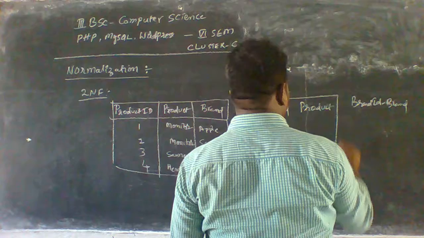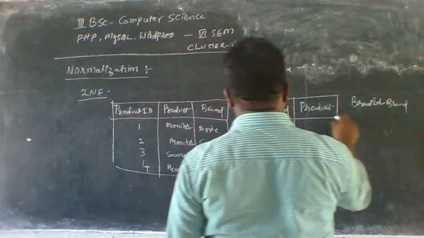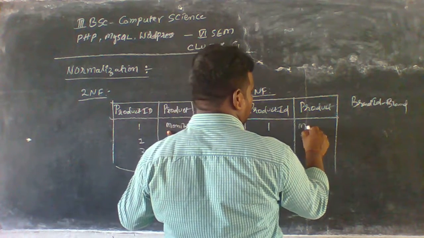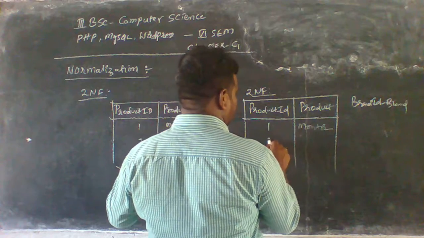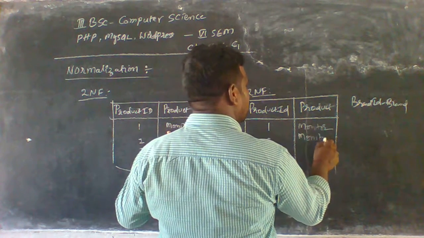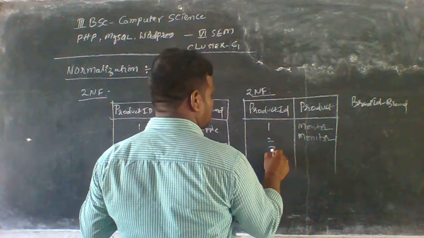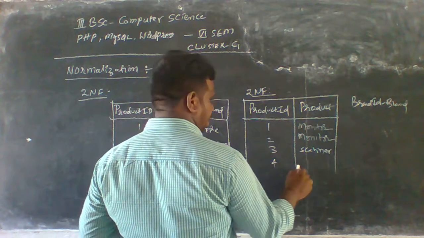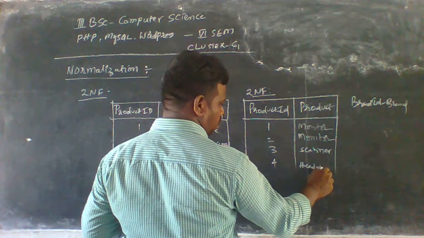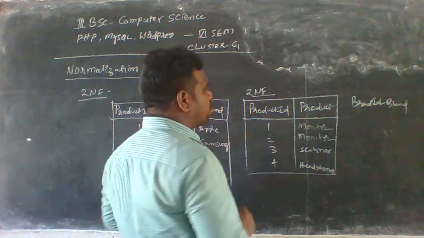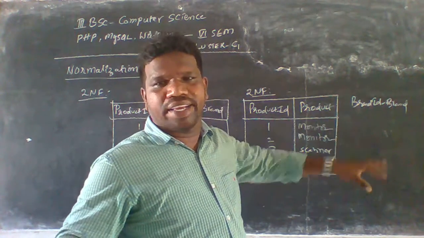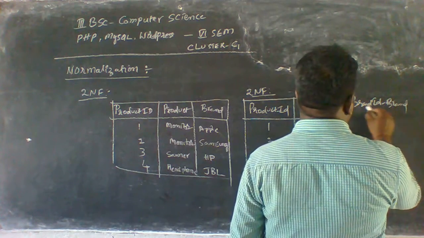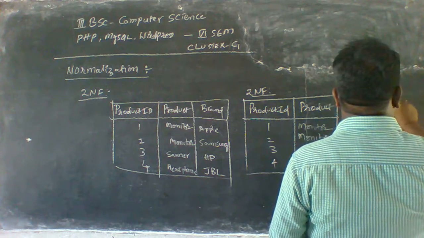We take the two columns here. In the table, 1, 2, 3, 4: the first one is monitor, the second one is also monitor, the third one is scanner, and the fourth one is headphones. Then another table has brand ID and brand name.